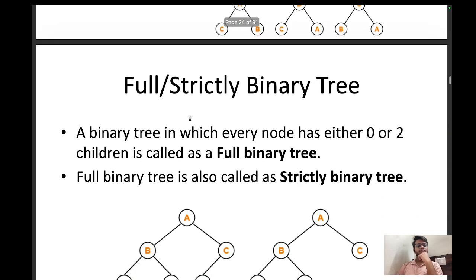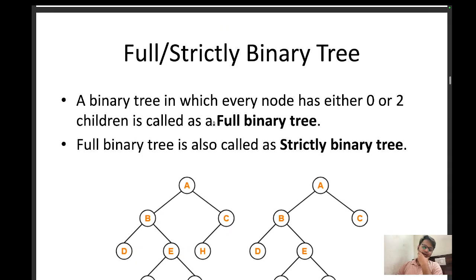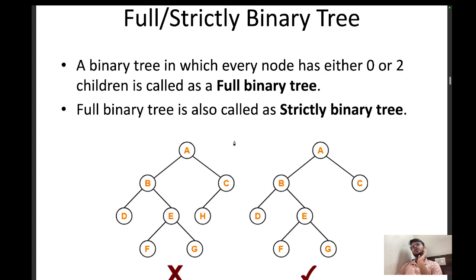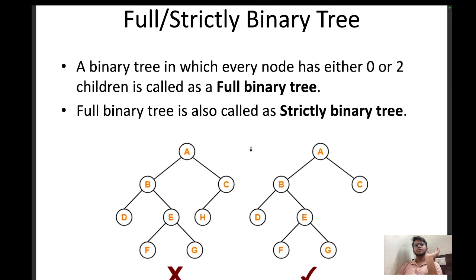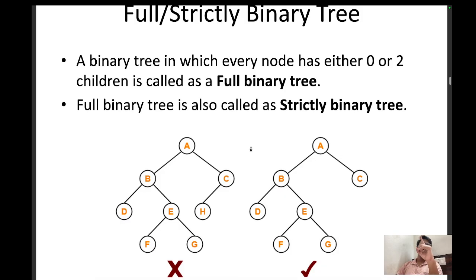Yeah, coming towards a full or strictly binary tree. A binary tree in which every node has either zero or two children is called a full binary tree. So here there is a strict guideline that every node should have only zero or two children. Strictly means that if a parent has one child, then that won't be considered a full binary tree.